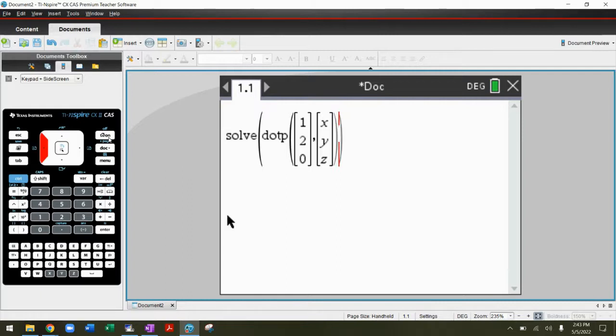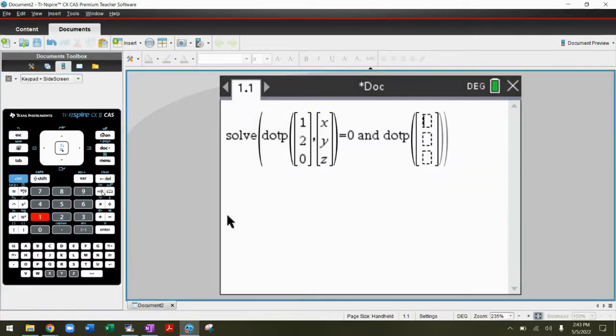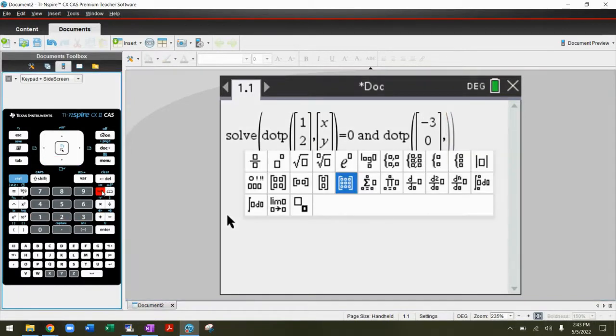Okay, so we're going to have the dot product set equal to 0 and the dot product of two other vectors set equal to 0. This is negative 3, 0, 2, and x, y, z.